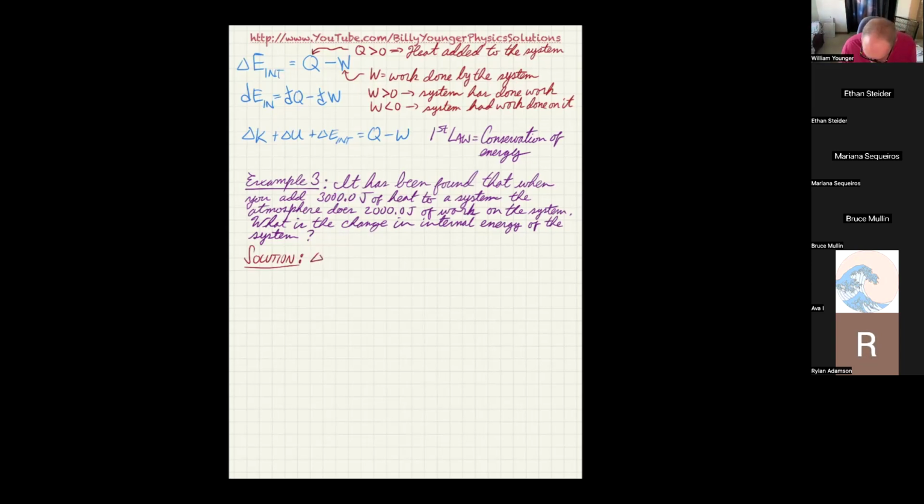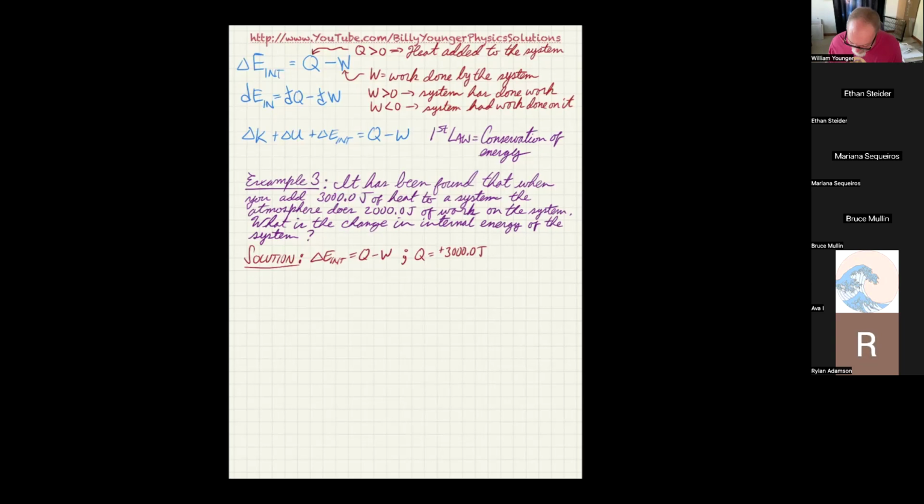We are using delta E internal is equal to Q minus W. We're actually saying that Q is equal to, when you add 3,000 joules of heat, Q is equal to positive 3,000.0. And notice I put the decimal there specifically so there would be no ambiguity as to the number of sig figs.